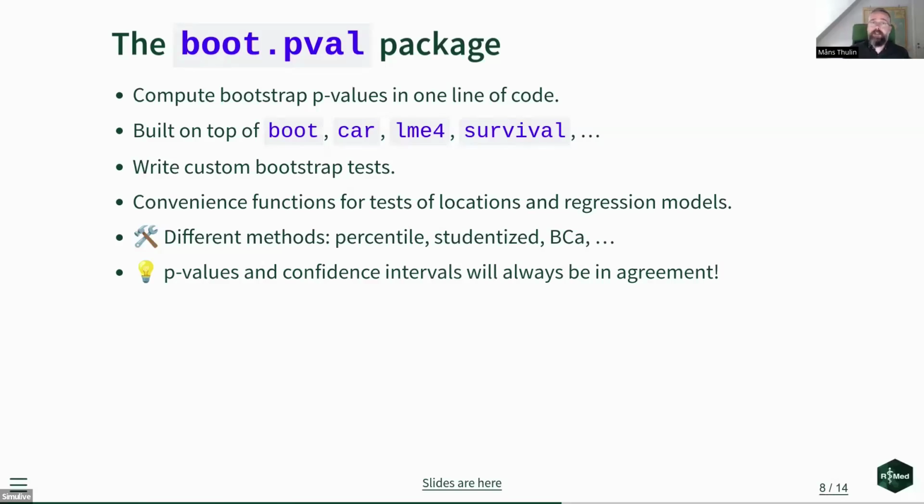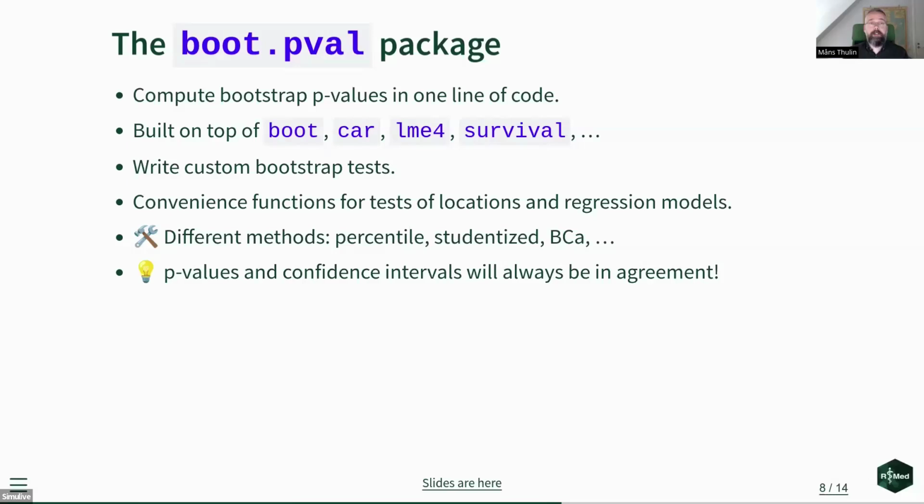For instance, if you do bootstrapping using the tidymodels package, then the default choices give you p-values that aren't in agreement with the confidence intervals. So the confidence interval and the p-value might give different answers to the same question, and we don't want that. So in this case, you'll always get confidence intervals and p-values that are in agreement. You can use any of these methods. The convenience functions try to use reasonable defaults.